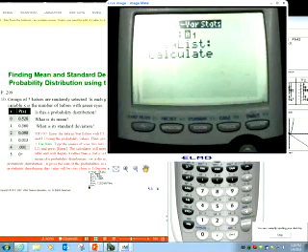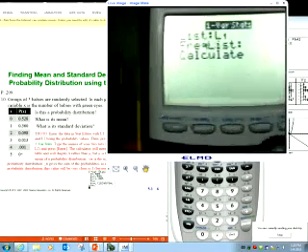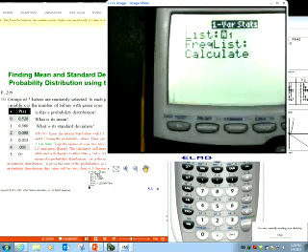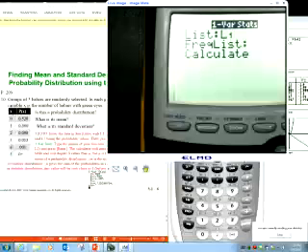If this is what's showing up on your calculator, you say, I put my X values in list 1. These frequencies, they're not actually frequencies. The calculator doesn't know that you've entered probabilities, but you tell it, I've put my frequencies in list 2, and then press calculate, and you'll get the same thing I'm fixing to get.